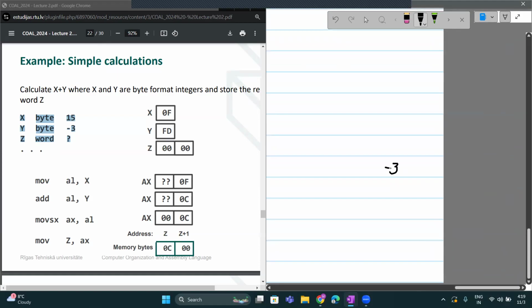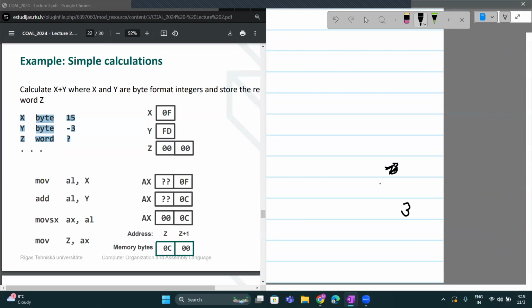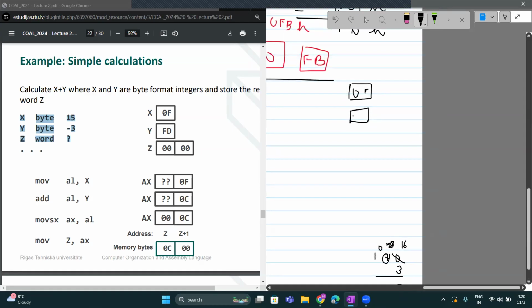So minus 3: let's write the positive value and subtract it from here. 16 minus 3 is 13, that is D. Actually, we have to subtract from 100 because we are doing this for a full byte.